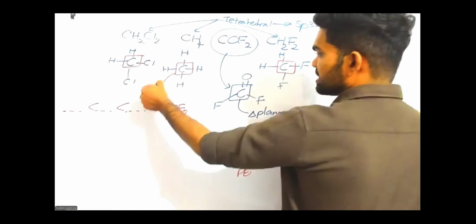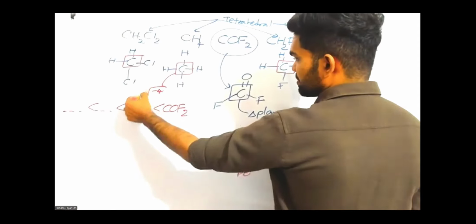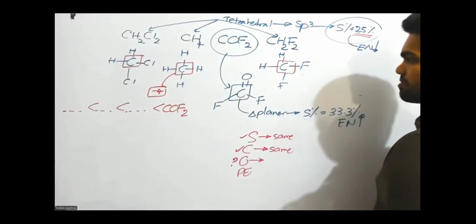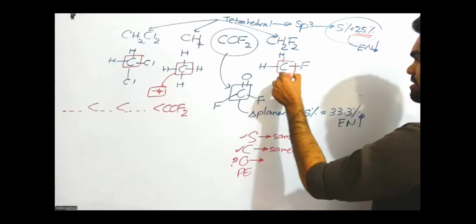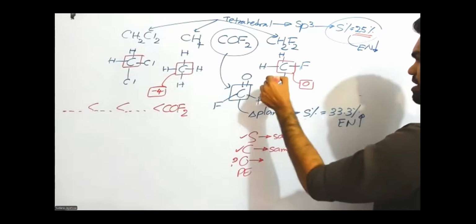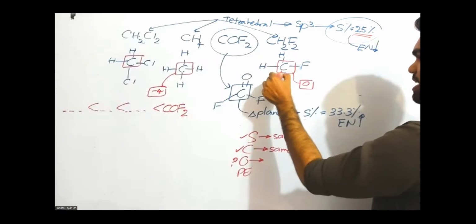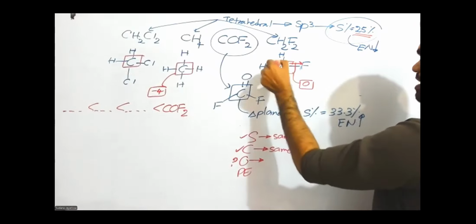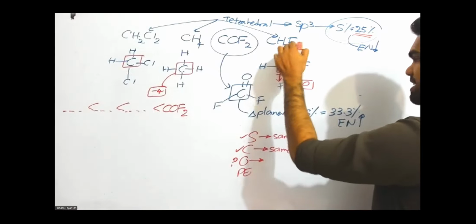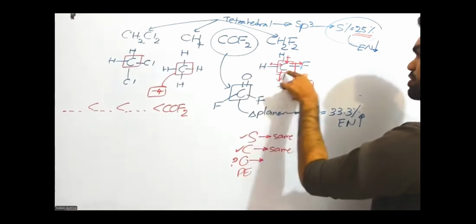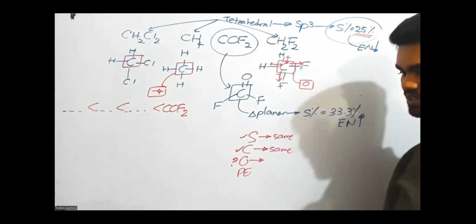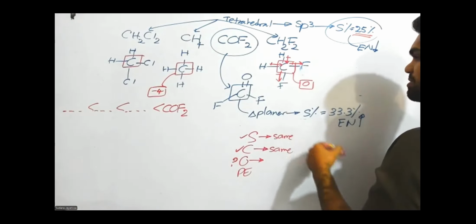For example, the oxidation number of this one is -4. Oxidation number of this one is 0. See, fluorine is pulling electrons from carbon, and carbon is pulling electrons from hydrogen. So it lost 2 electrons and gained 2 electrons. Oxidation number 0.